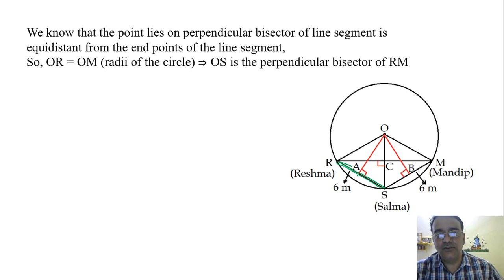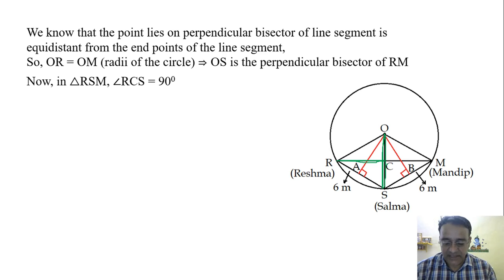What is the formula? Half into base into height. So half into RS into OA. Clear? Now if you take base OS, so RC will be the perpendicular height. So half into OS into RC. Whether this is clear? Yes, sir.